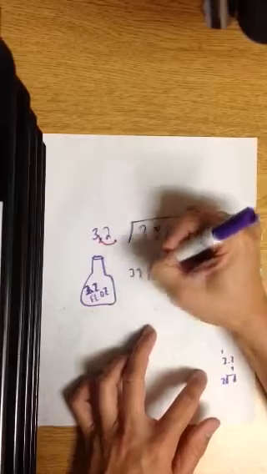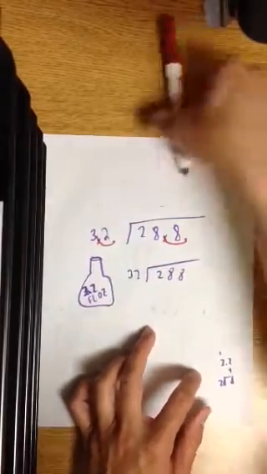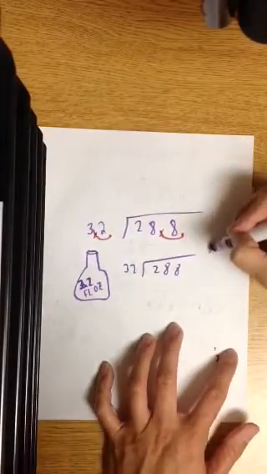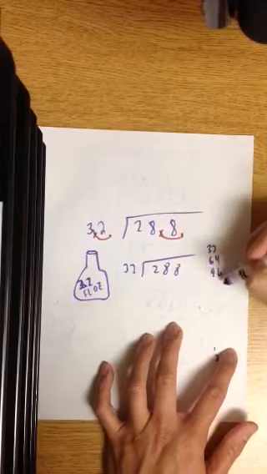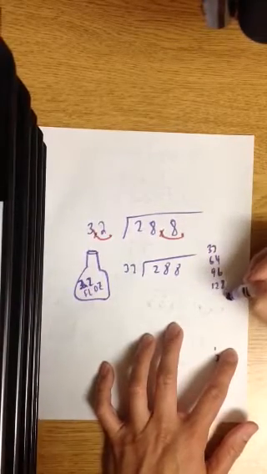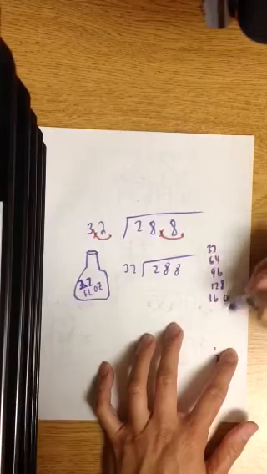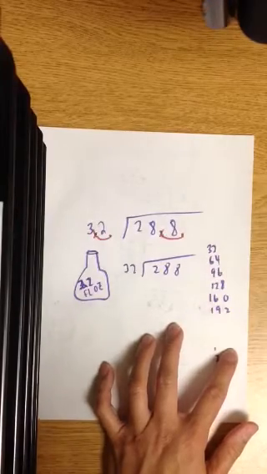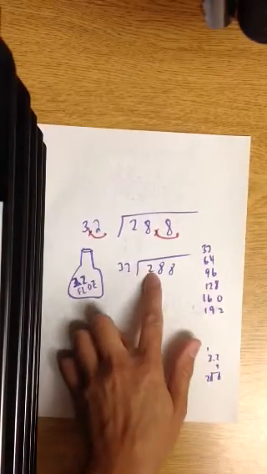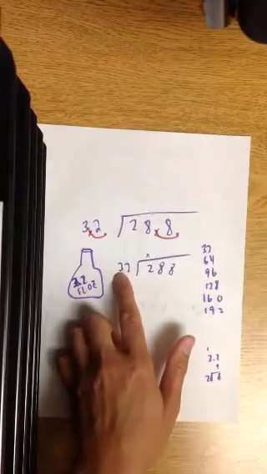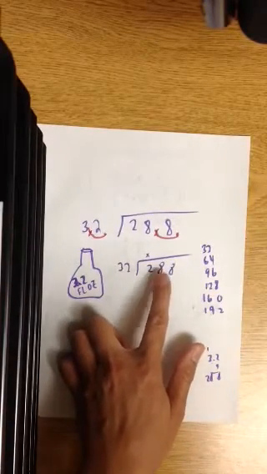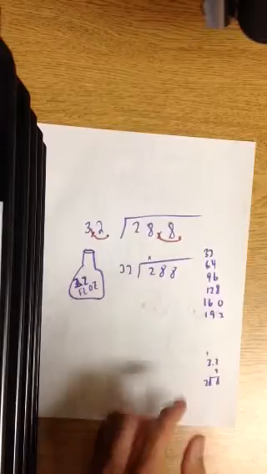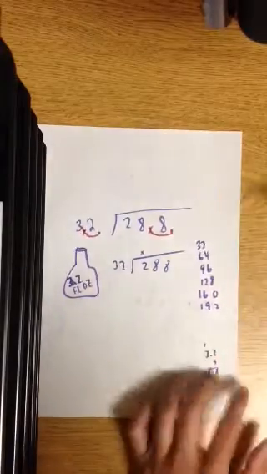Rewrite again. What's the pattern for 32? 32, 64, 96, 128, 160, 192. So, can 32 go into 2? No. Can 32 go into 22? No. Can 32 go into 228? Ooh, it's not long enough.